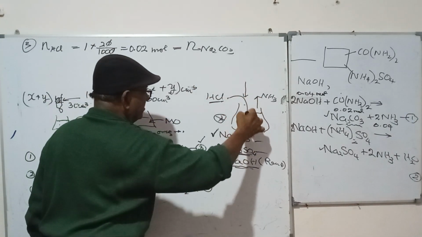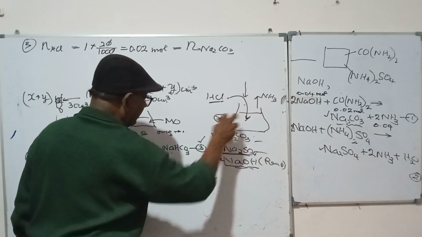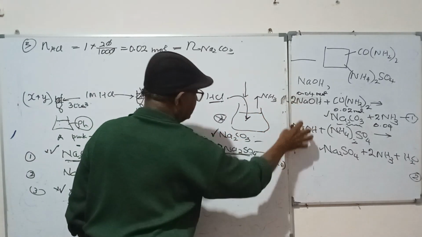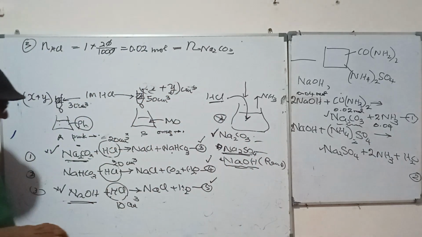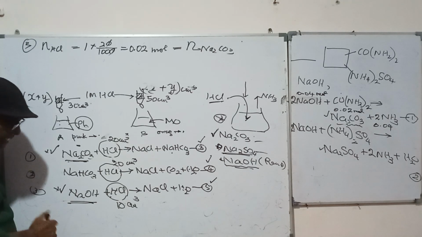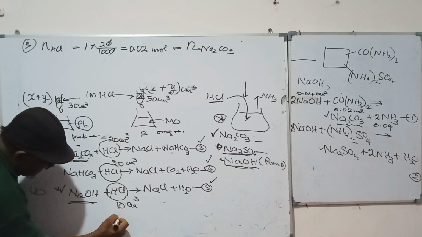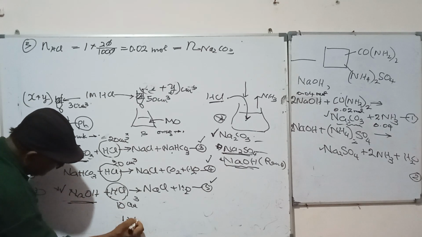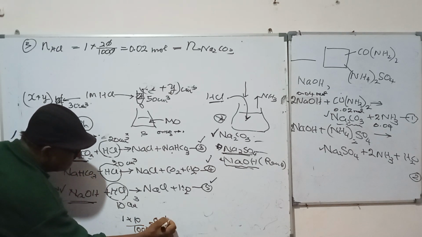After the addition of NaOH here, they react with your fertilizer sample according to these two reactions. Excess NaOH was added, and some amount of NaOH remained. Then we can find out the number of moles of HCl here. 1 into 10 divided by 1000, it is 0.01.